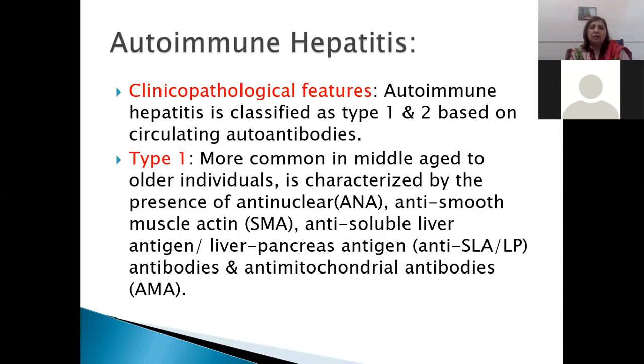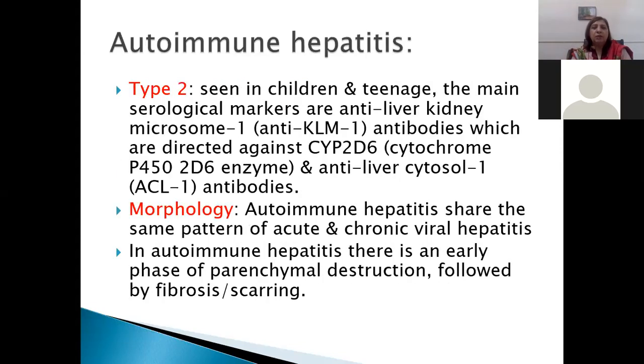These are the 4 kinds of antibodies which are present in type 1, and it is mostly seen in middle to older individuals. In type 2 autoimmune hepatitis, it is seen in children and teenagers.